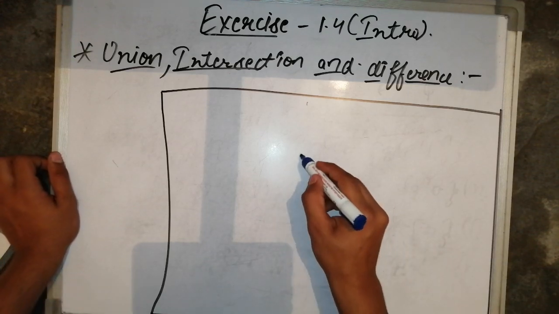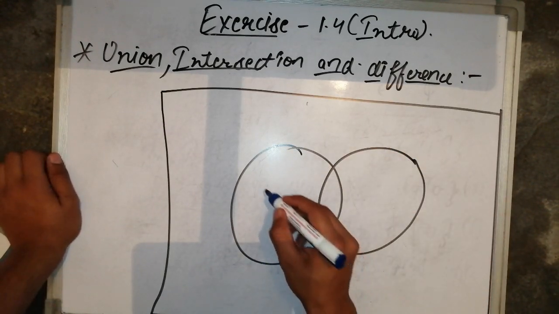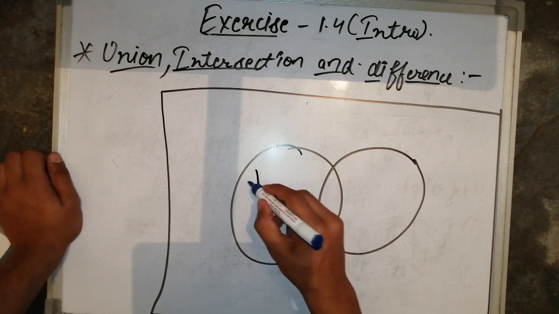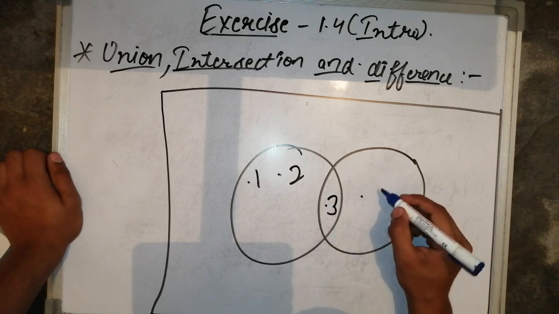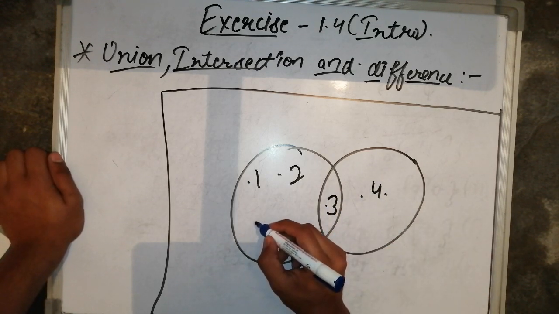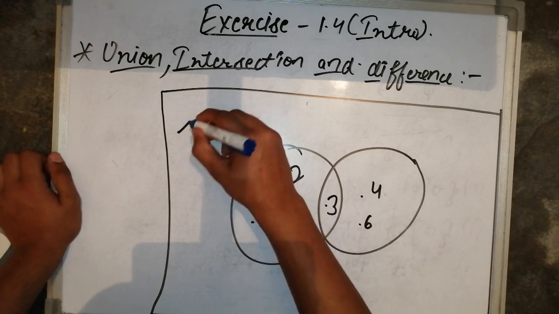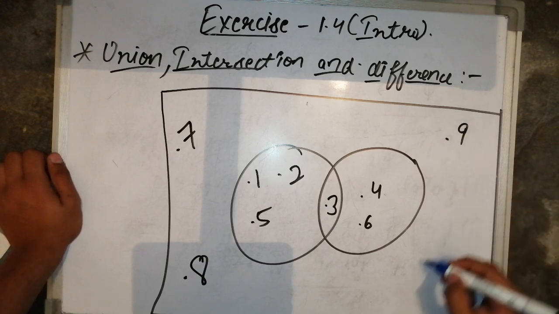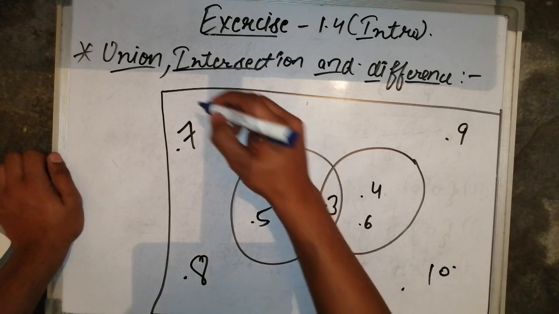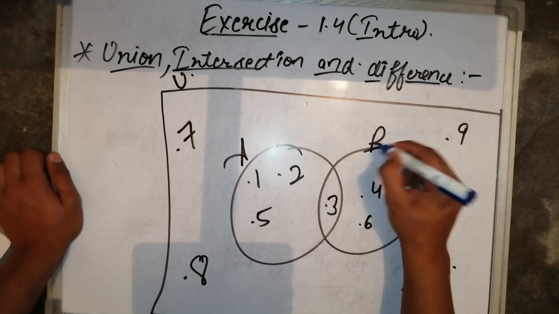Okay, let's consider two circles, that is two sets. The elements are 1, 2, 3, 4, 5, 6, 7, 8, 9 and 10, which are the elements of the universal set, okay? This is A set, this is B set, okay?